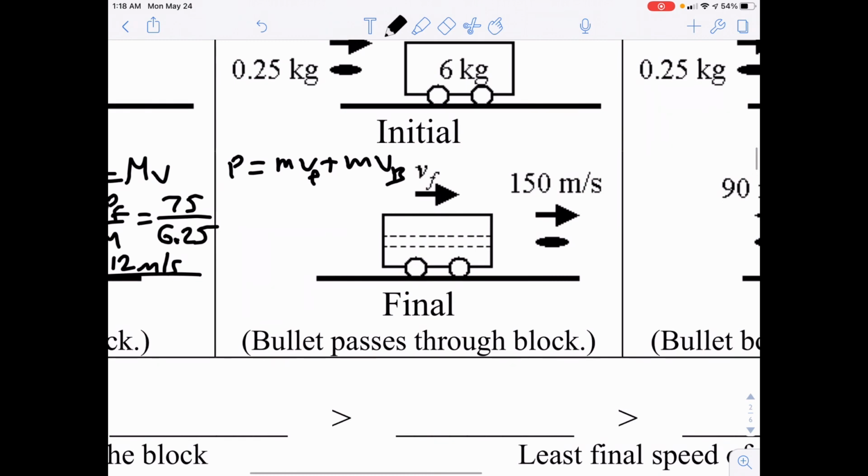Okay, let's go ahead and do that. V final will be the 75 minus the mass of 0.25 times the bullet's speed, which is 150 afterwards, all over the mass of the block, which is 6.